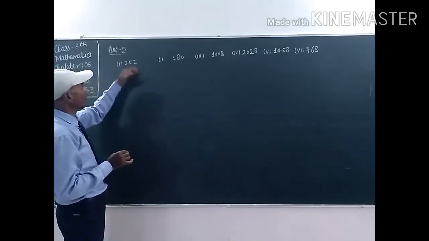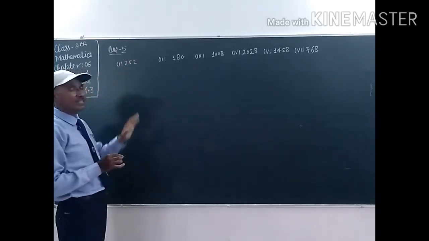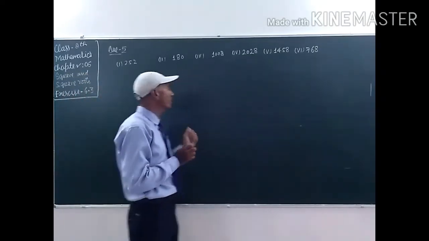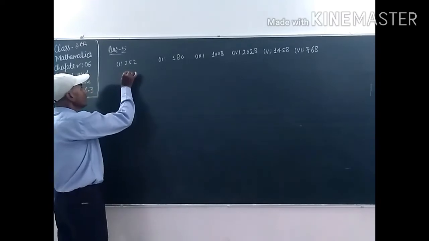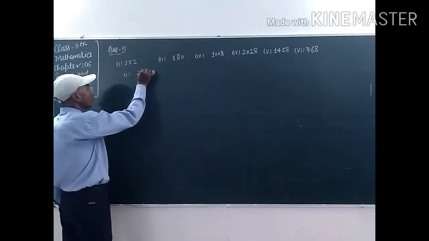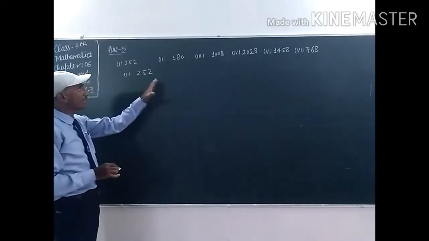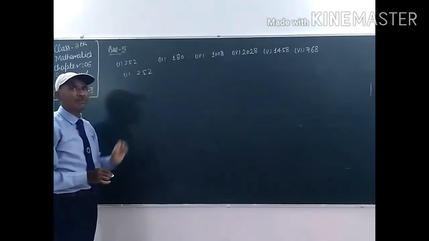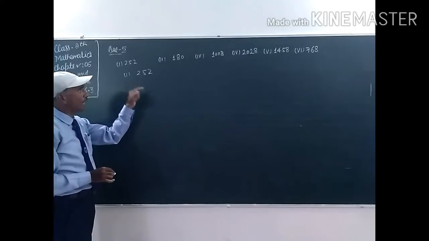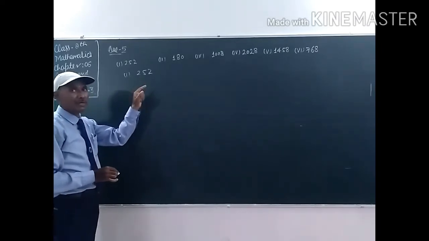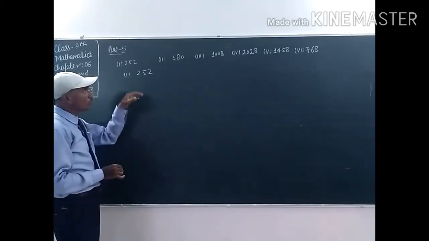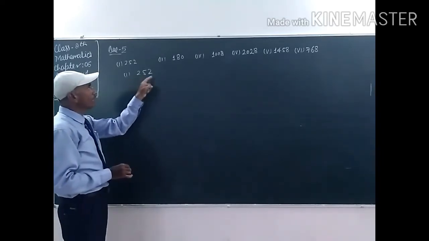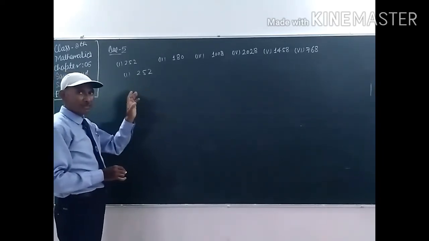So to find the smallest number, first of all we have to find the prime factors of the given numbers. This number, the first part, 252, is not a perfect square number, student. We have to make it a perfect square by multiplying by the smallest number required. So to find the required number, we must find the prime factors of this number first.